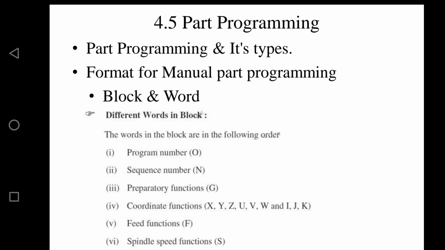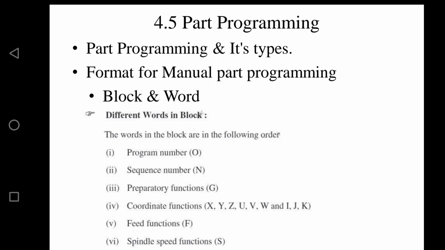So what are the different types of part programming? We need to feed it to the NC and CNC machines. Based on the method of feeding the part program to these machines, part programming can be of two types: manual part programming and computer aided part programming.